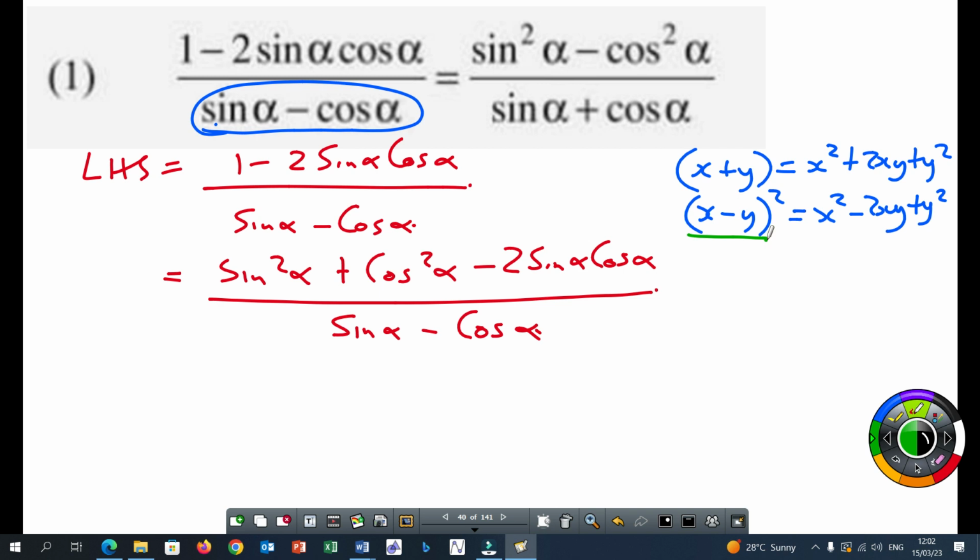Now, I'm sure you can see that on the right hand side is the numerator. I've got sine squared alpha minus cos squared alpha. Do you see that?